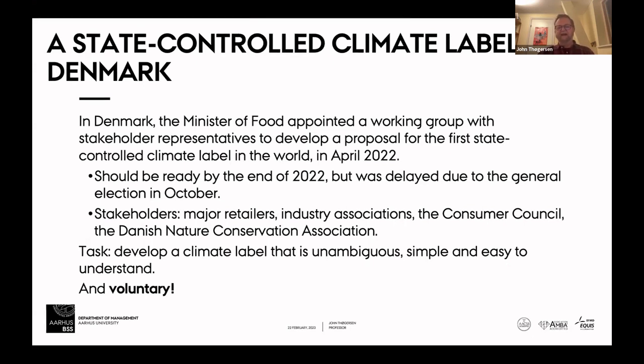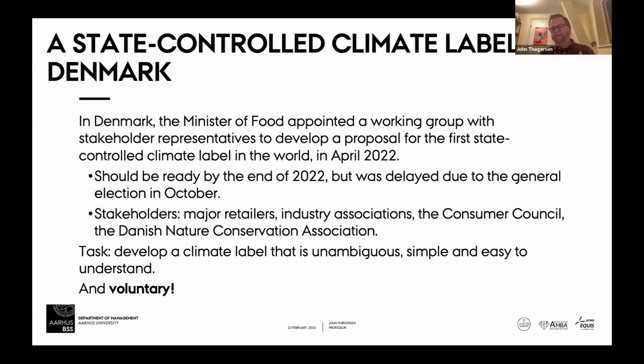The plan was that the proposal should be ready before the end of the year. But we had a general election in October, and when there's a general election, all of this kind of work is set on standby. So we haven't received it yet, but it should come during the spring.